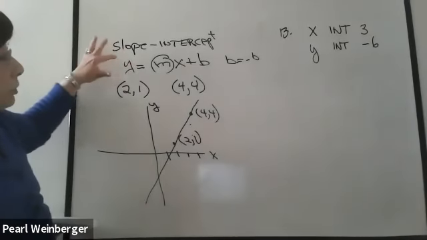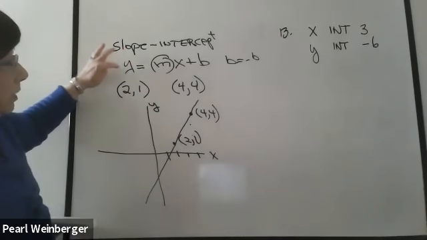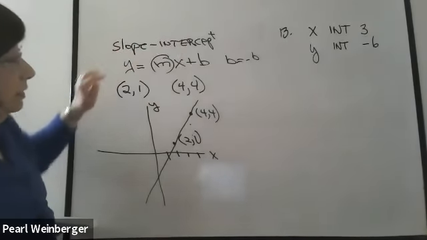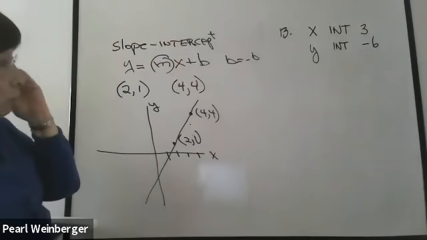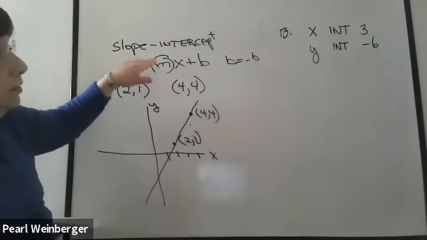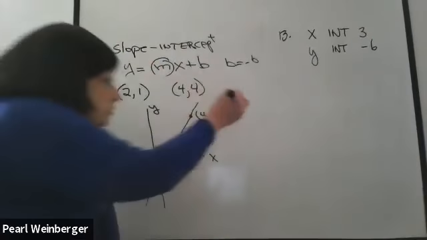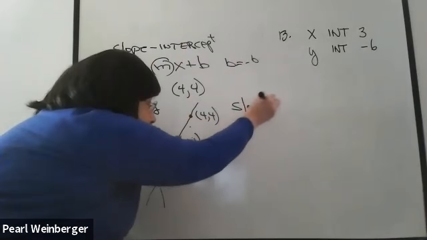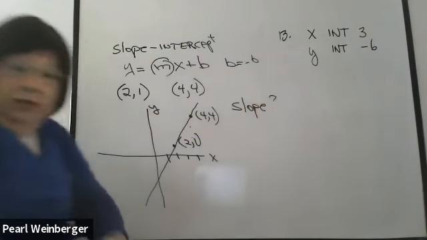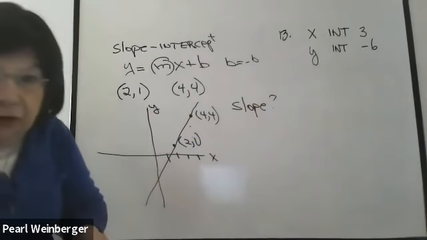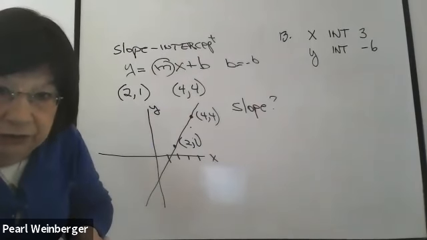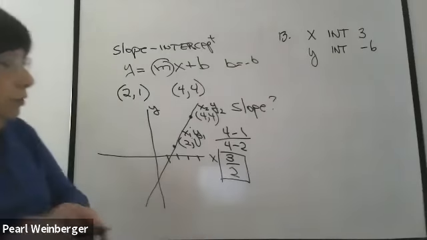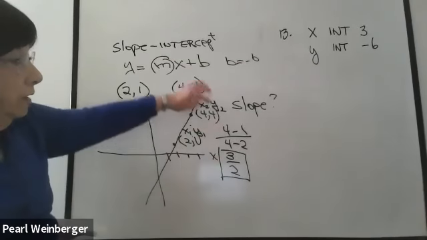But again, we're going to do what we did before. We want to put it in the y equals mx plus b. So the first thing I'm going to worry about is finding the slope of the line. So I'm going to give everybody a few minutes to find the slope of this line. See if you can put it in the slope formula and find the slope of the line. It's 3/2.